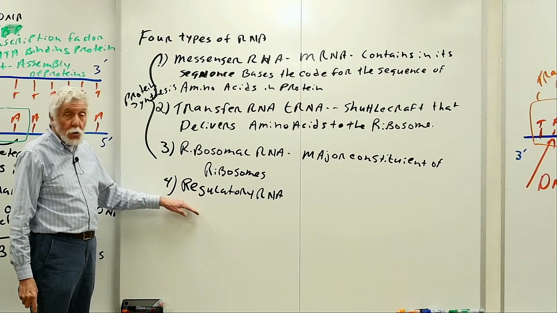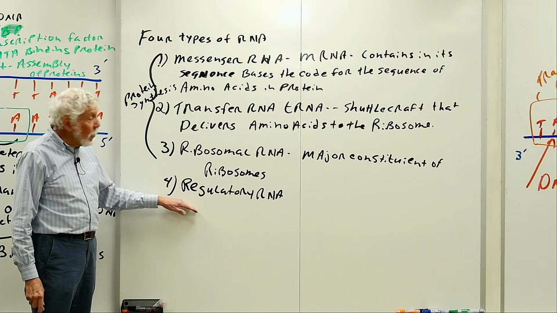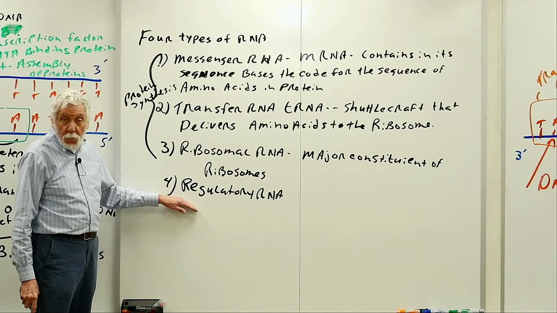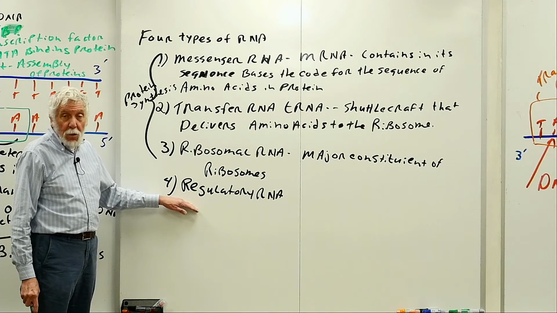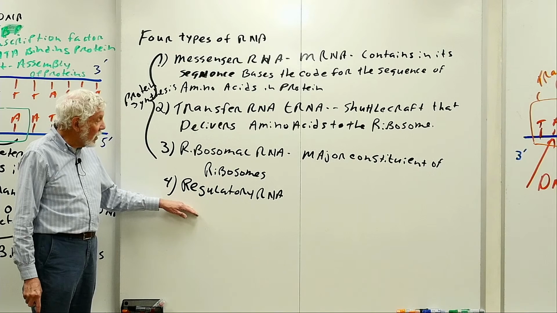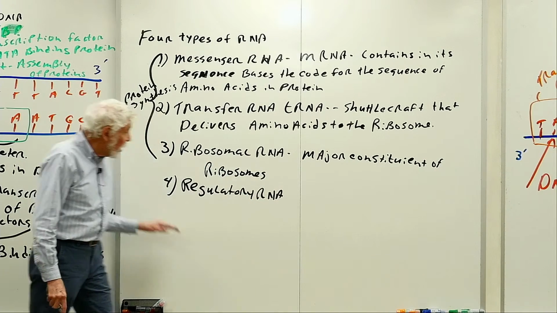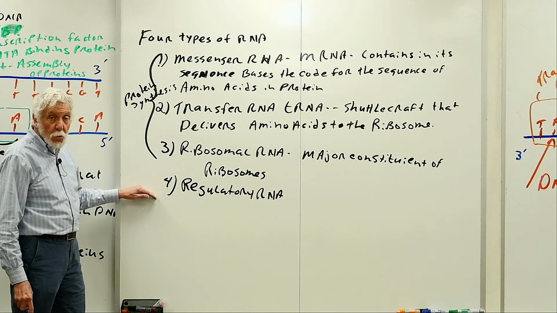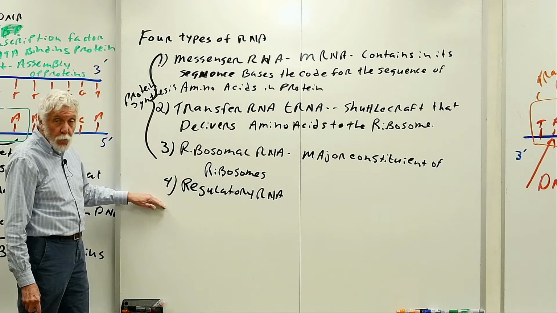They can turn on and turn off genes. Some of them are involved out in the cytoplasm that help guide proteins to the rough endoplasmic reticulum. We'll talk in some detail about that. But there are a whole host of these, and we're discovering more of them all the time, that are functioning as regulatory RNAs that are regulating the DNA and regulating other forms of RNA.